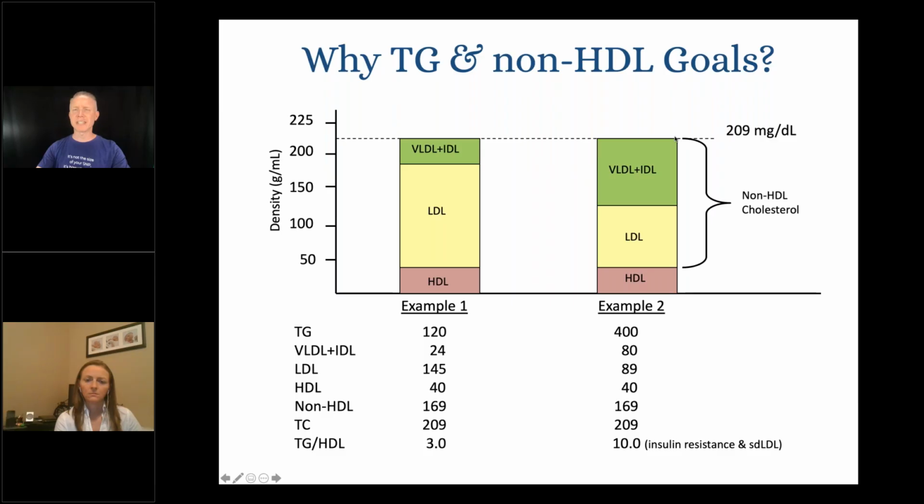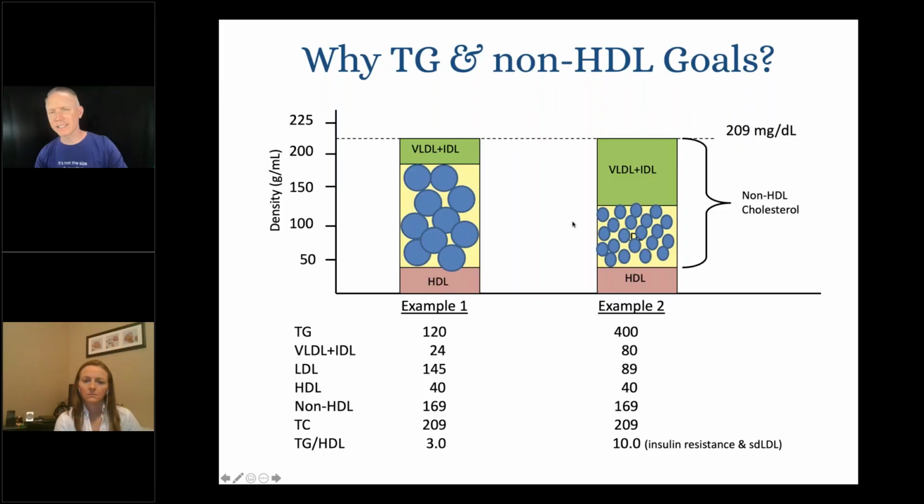They both have the same total cholesterol, 209, because it's just an addition. But inside there, those LDL particles are very different. Their sizes and density are very different. So in patients with high triglycerides, remember those LDL particles get smaller. Well, when they get smaller, they take up less space or volume. And so the number is low. Well, what's her LDL? It's 89.